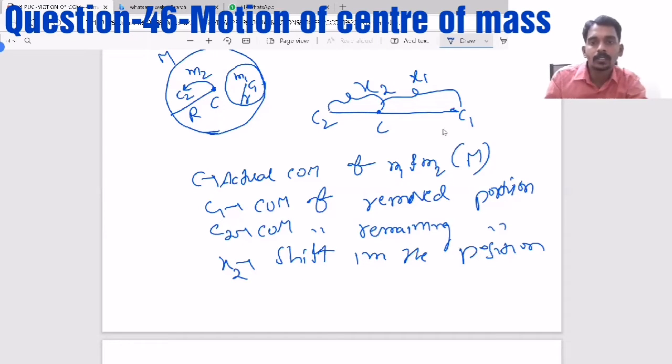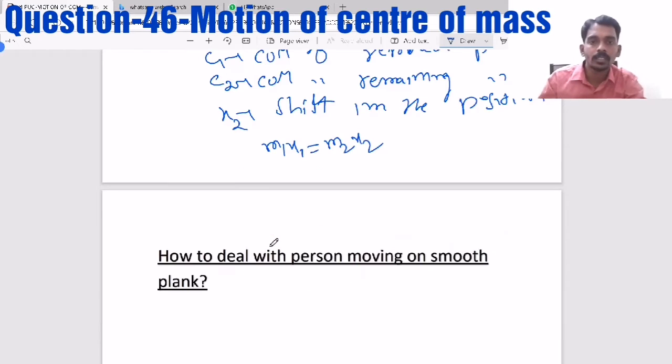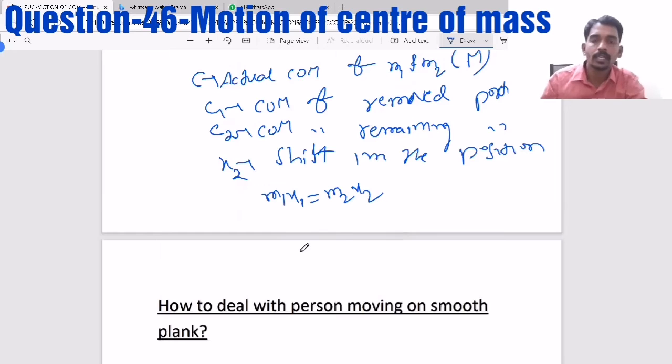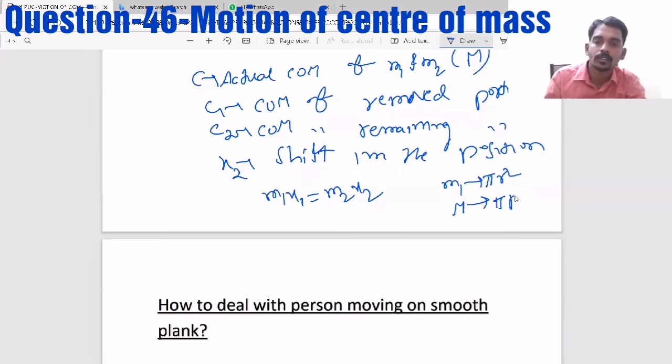Here the mass m1 is there, and here the mass m2 is there. Then m1 x1 equals m2 x2. Now the question is how to calculate m1 and m2. m1 is the mass for pi r squared, and capital M is the mass for pi R squared, in case of a disk.